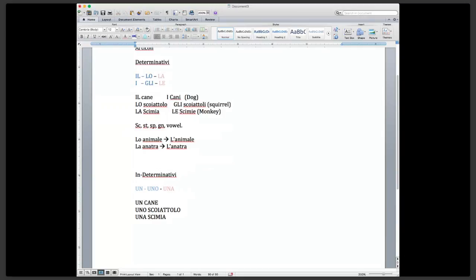Aaron, I will send you those verbs, but the homework is to make 10 sentences with determinative articles, determinativi, and 10 sentences with indeterminativi.